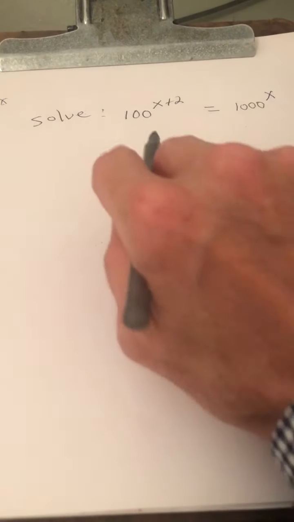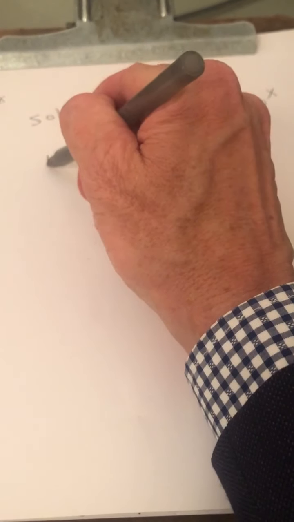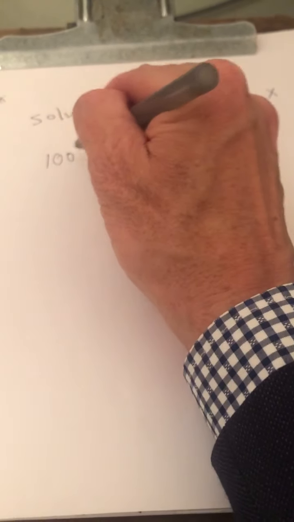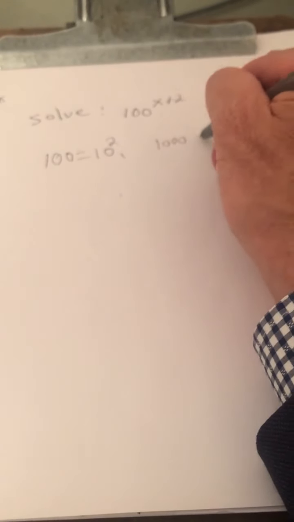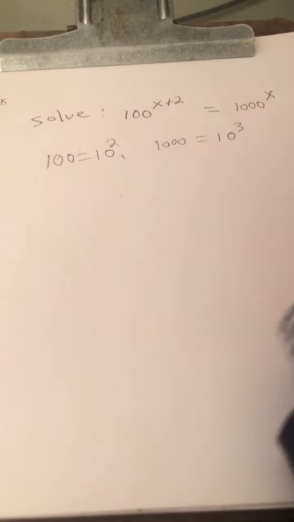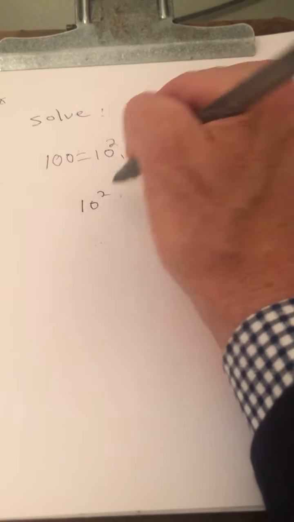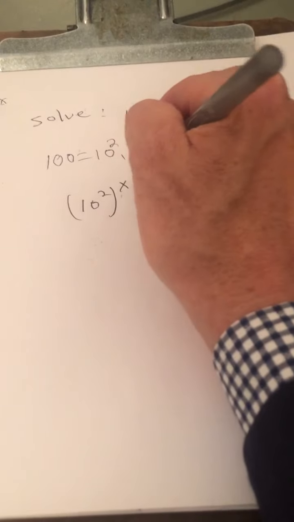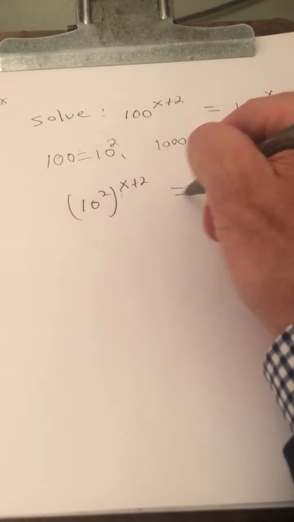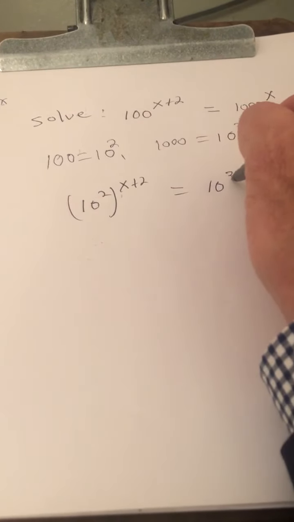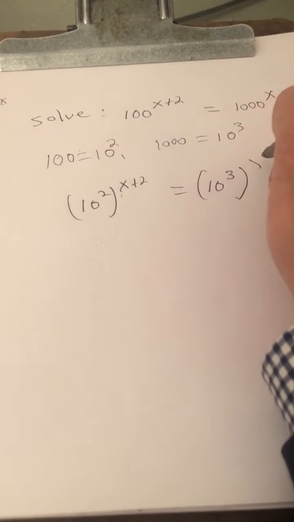So again, we have to get the same base on both sides somehow. So what you have to realize is that 100 is equal to 10 squared, and 1000 is equal to 10 cubed. So what I have now is 10 squared to the x plus 2 equals 10 cubed to the x.